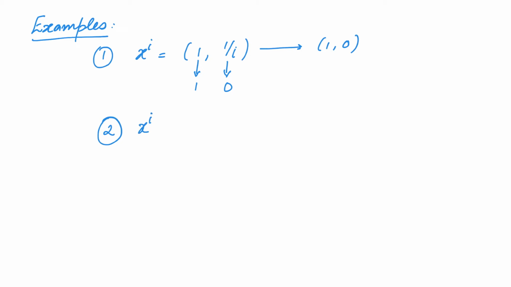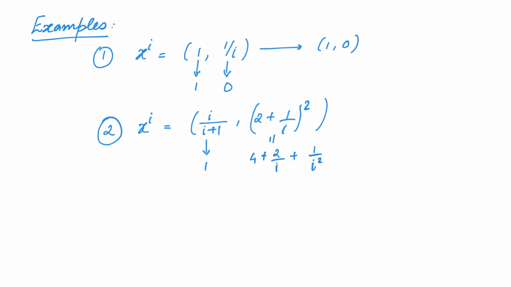Let us see a slightly more complicated example, namely xi is equal to (i by i plus 1, (2 plus 1 by i) the whole square). Once again, what we studied in analysis enables us to show that i by i plus 1 converges to 1, and notice that (2 plus 1 by i) the whole squared is equal to 4 plus 2 by i plus 1 by i squared.